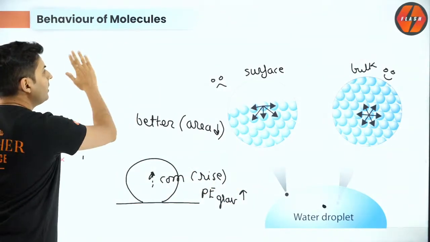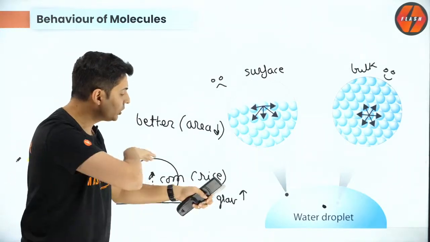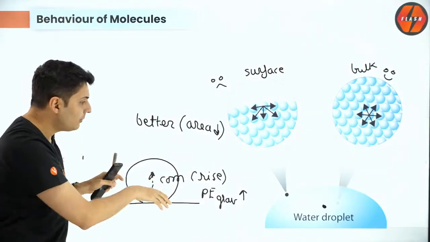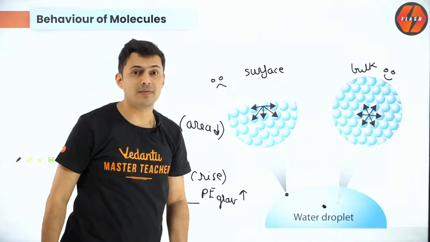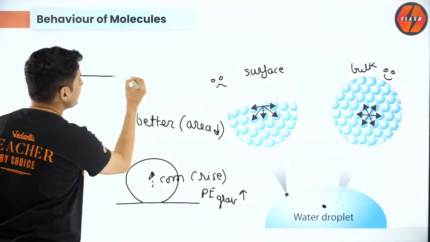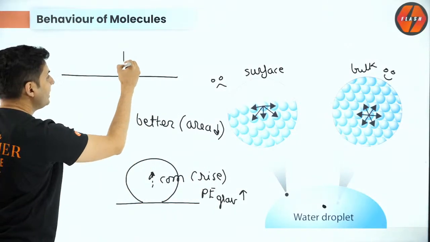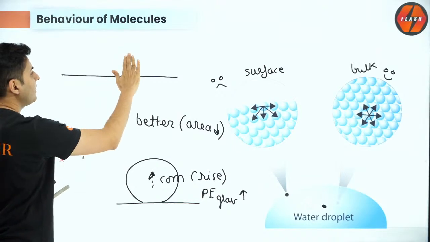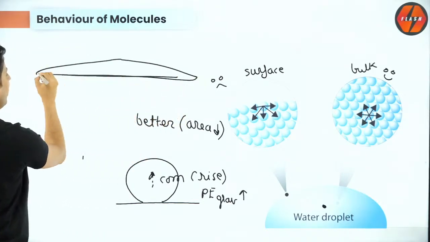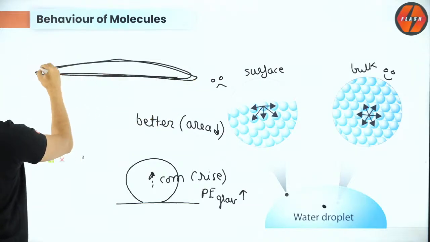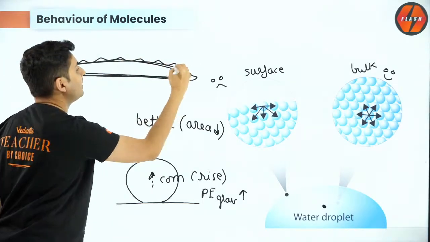Then you will say, sir, then we can reduce the gravitational potential energy a lot. We can make the center of mass go down as close as possible to the surface. Yes, very good idea. If you try to bring that center of mass really down, then what will happen? The water will spread a lot, and then the surface of the liquid will increase.